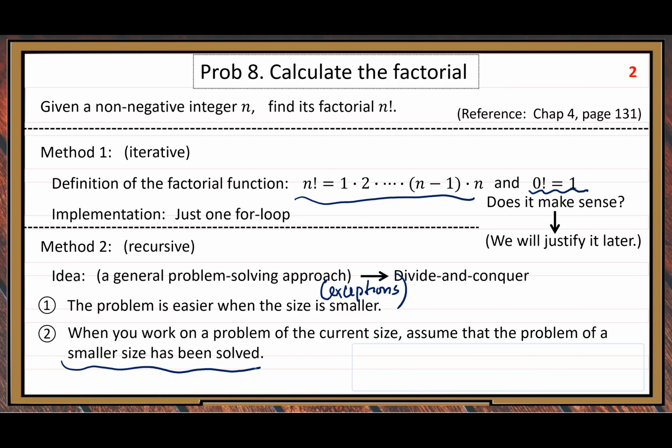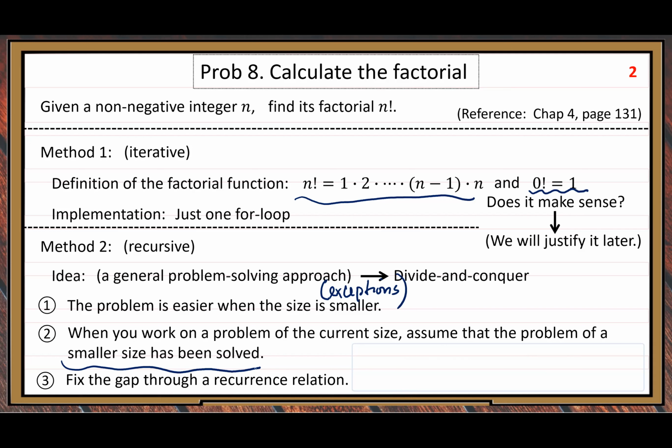You need to do some work to fill in that difference. So number 3, fix the gap through a recurrence relation. How to fix that gap?